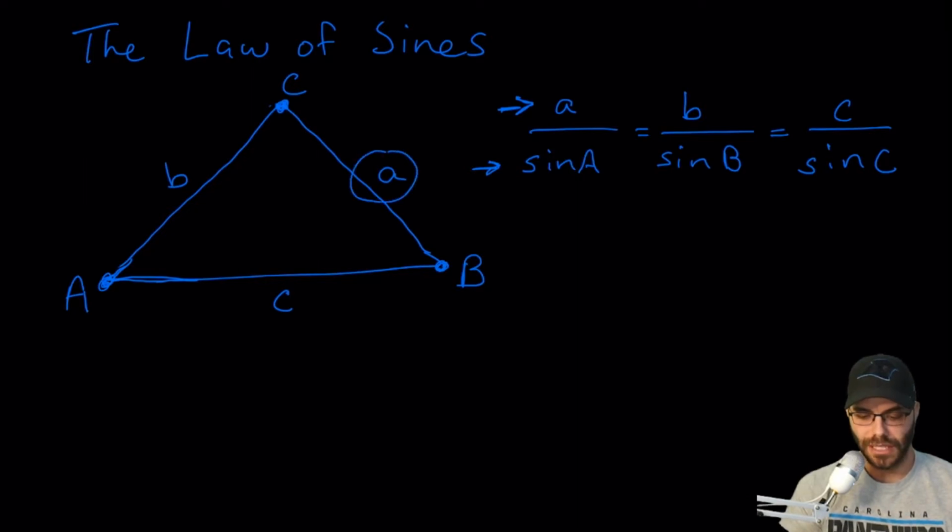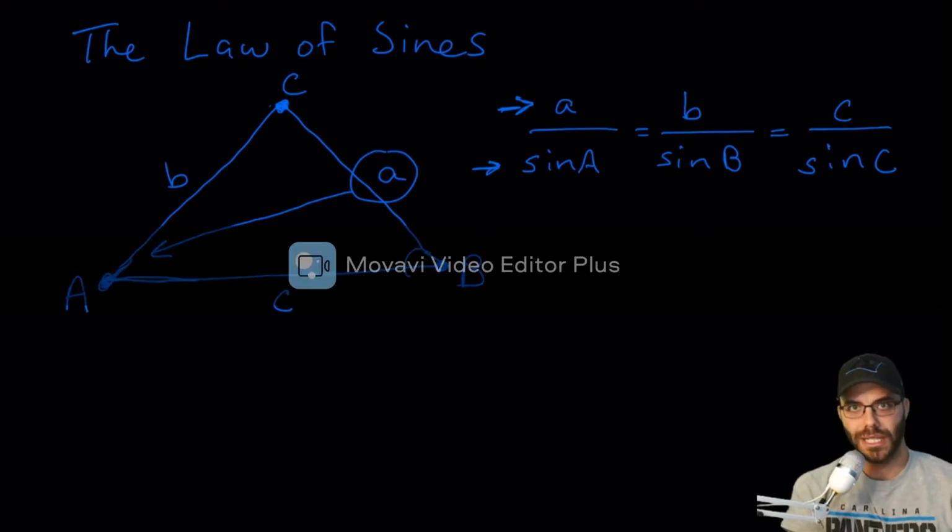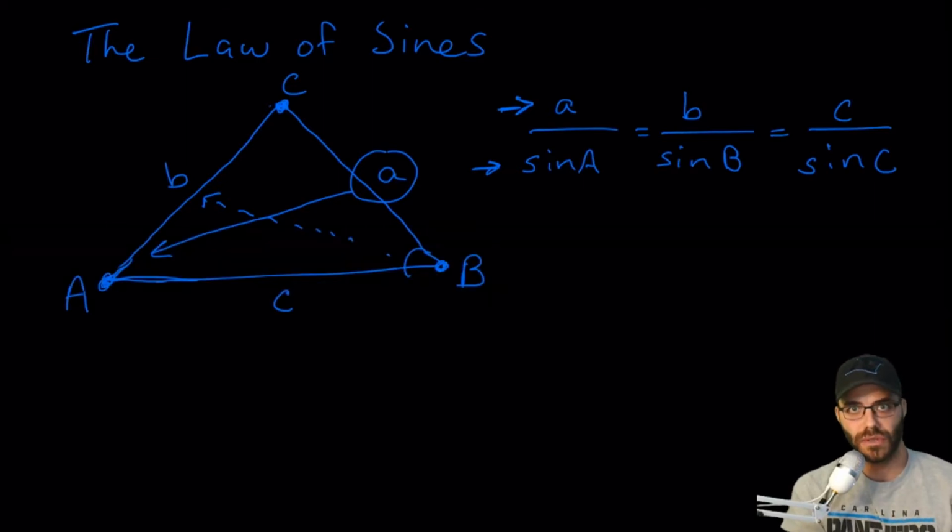If this is angle B, side B is opposite angle B. You can take a side length, divide that side length by the sine of the angle across from it, or opposite, and that is proportional to either of the other two ratios.